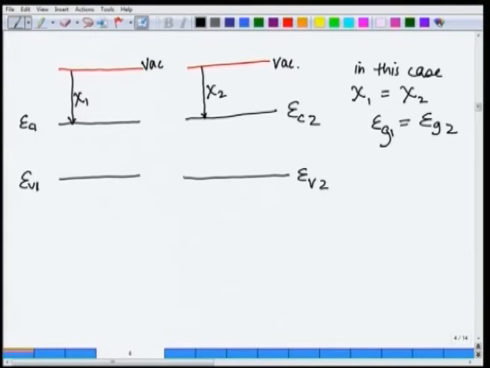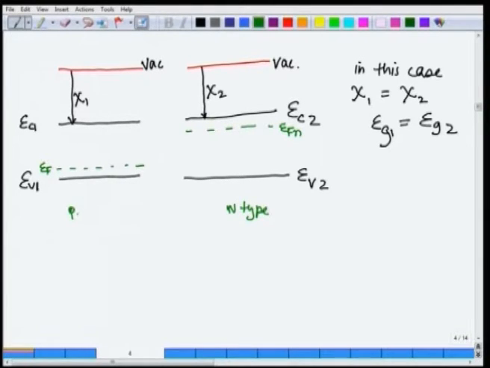Only difference is, let's say one of these materials is p doped. So here is the Fermi energy and here is the Fermi energy for this particular material. All right. Now since this is different, we are going to give it a name. This material of course is n type, so we got Fermi energy EFn on the n side.